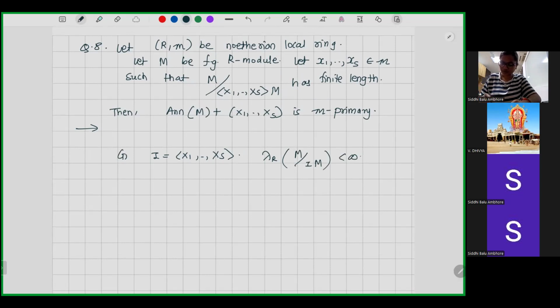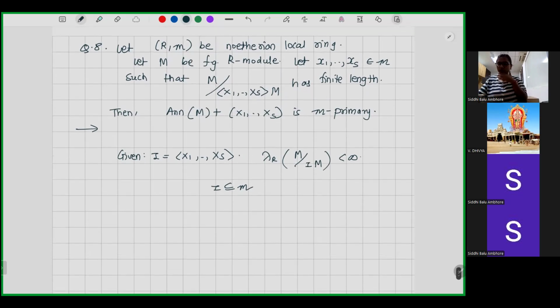So given this I, and this I is contained in M. Okay, this much is clear, right? I'm just giving notation to x1 to xs, which were elements of M. I'm just writing them in ideal form. And this M quotiented by IM has finite length. That's what I have written here.